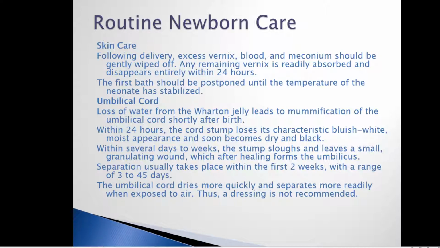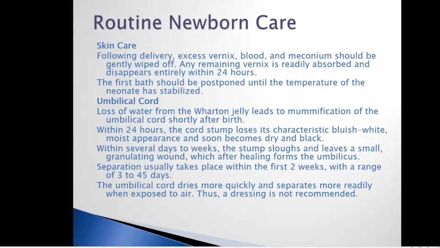Within several days to a week, the stump sloughs and leaves a small granulating wound, which after healing forms the umbilicus. Separation usually takes place within the first 2 weeks, but usually it happens early.